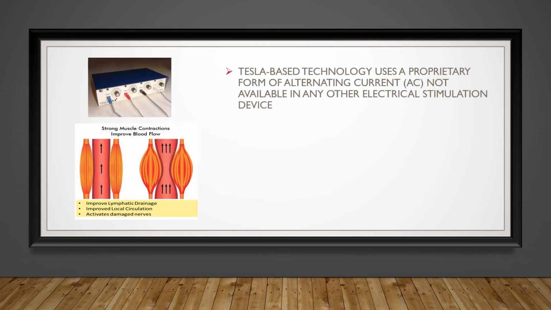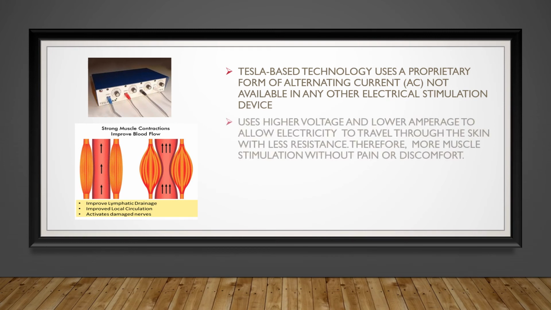Tesla Max electrical muscle stimulation is a technology which uses a proprietary form of alternating current, which is not available in any other electrical stimulation devices. So this is different than any other EMS units or TENS units, interferential, and all those types of units use a DC current. This one specifically uses an AC current.